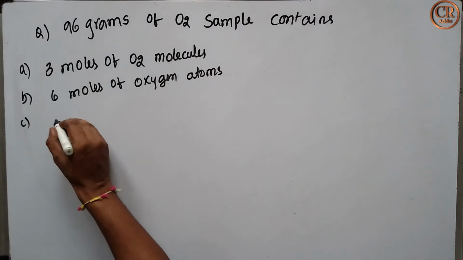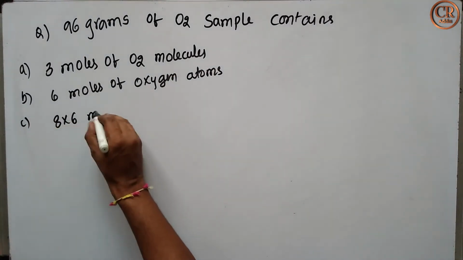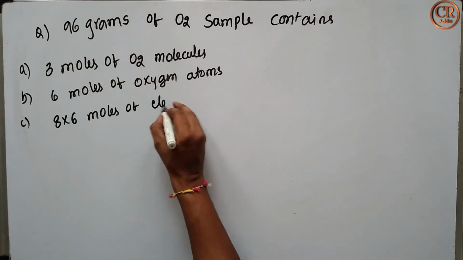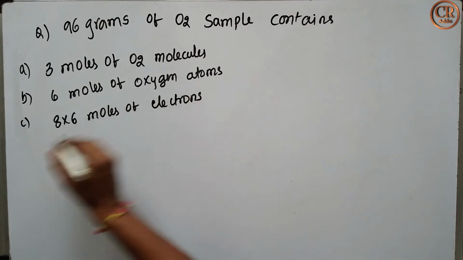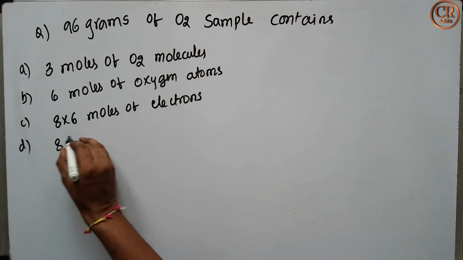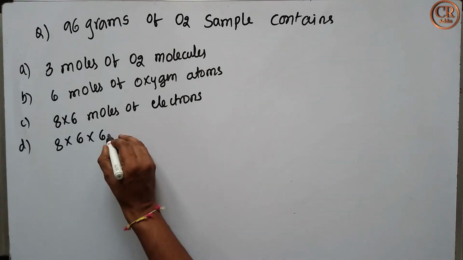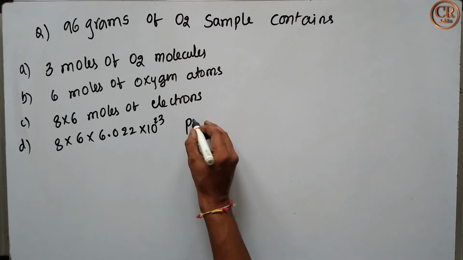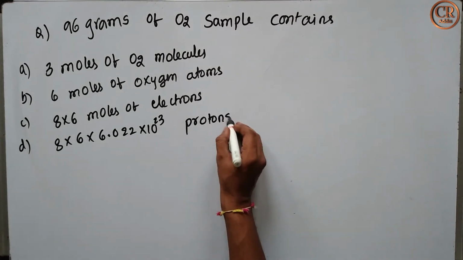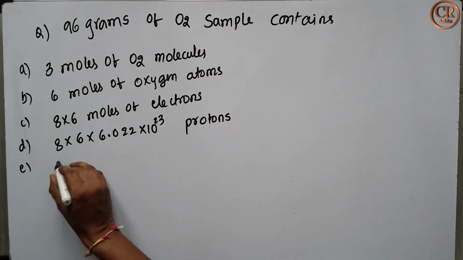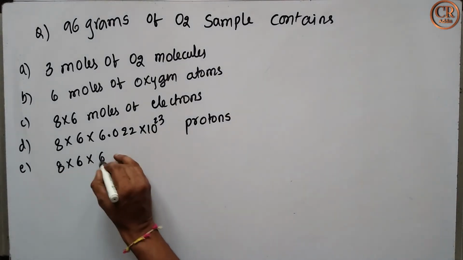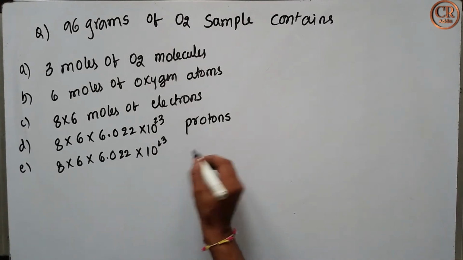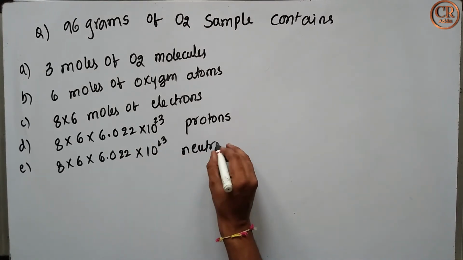C: 8 into 6 moles of electrons. D: 8 into 6 into 6.022 into 10 power 23 protons. 8 into 6 into 6.022 into 10 power 23 neutrons.